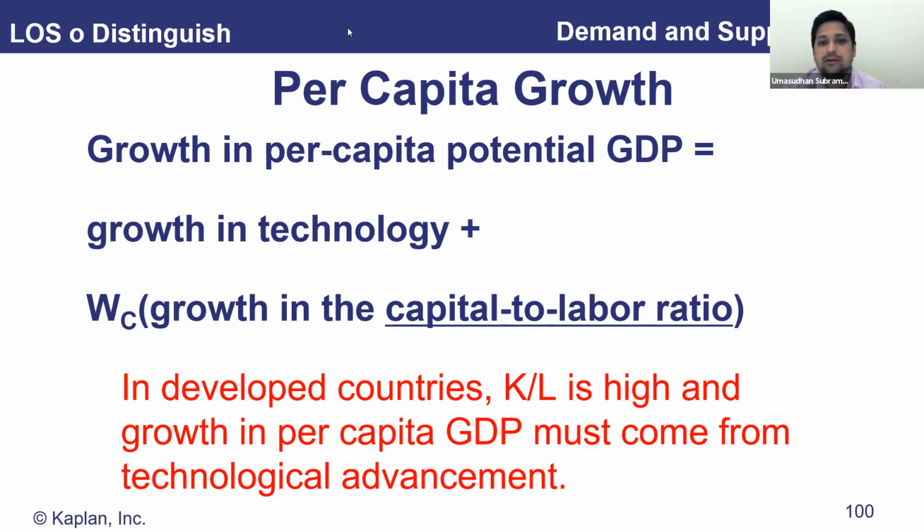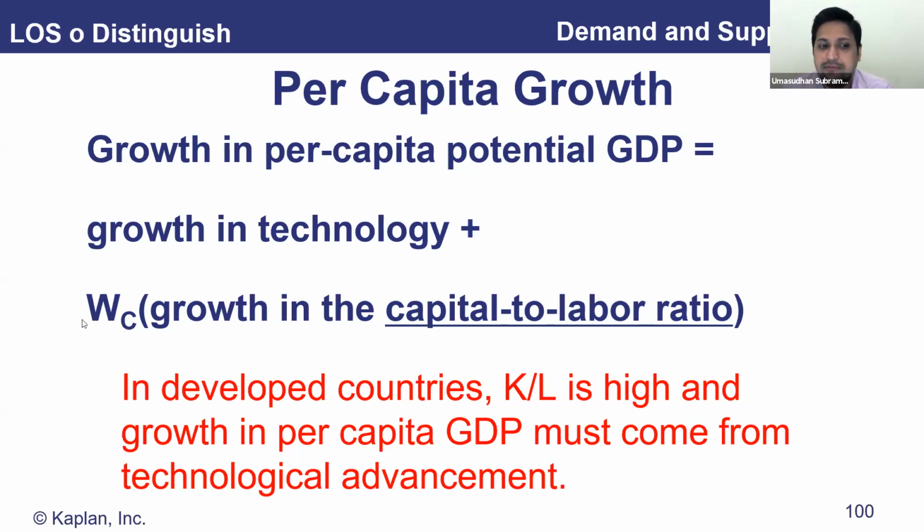So how can you increase your potential GDP? You can grow the technology and you can increase the capital to labor ratio. Why do you think that is? What are you trying to become? Are you trying to become more capital intensive or more labor intensive?